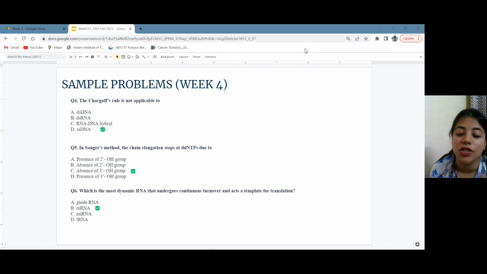Chain elongation is the formation of a phosphodiester bond between two specific groups, the 3' OH and the 5' phosphate. Because a dideoxy NTP lacks the 3' OH group, extension is not possible. So the answer, as you can also see from the tick mark beside it, is the 3' OH group, which is absent in the dideoxy NTP, and that is why chain elongation cannot continue.